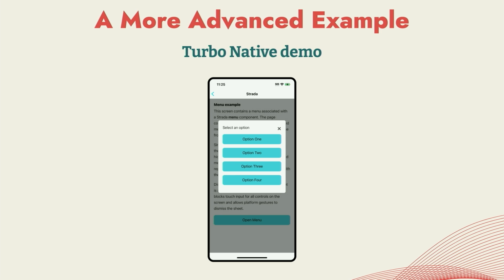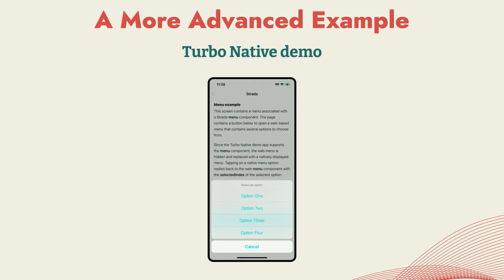However, it can't stretch across the native parts of the app. It also can't block input from the rest of the native part of the app. So you could tap the back button, for example, and you're not able to actually block the user input. It doesn't support gestures or anything like that. So let's turn this into a Strada component and turn it into something that looks like this.